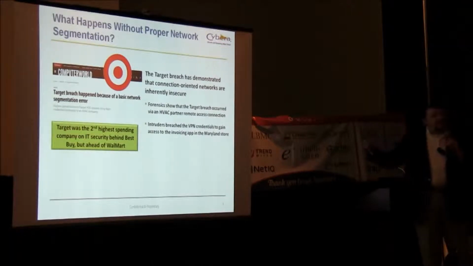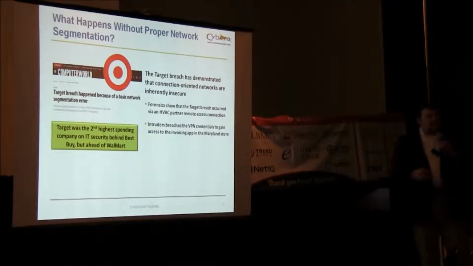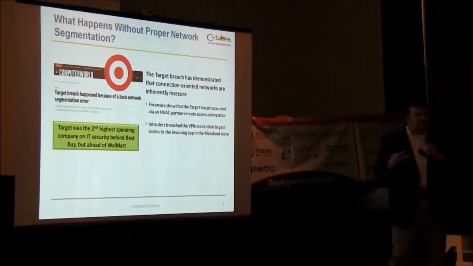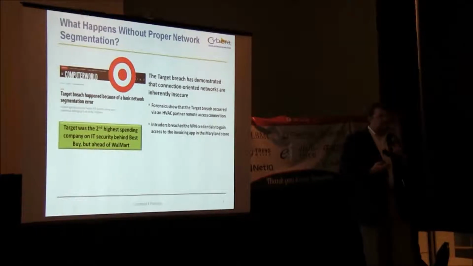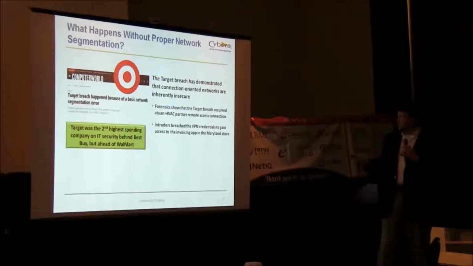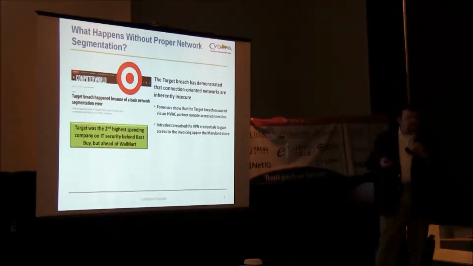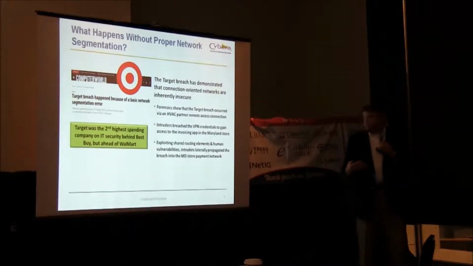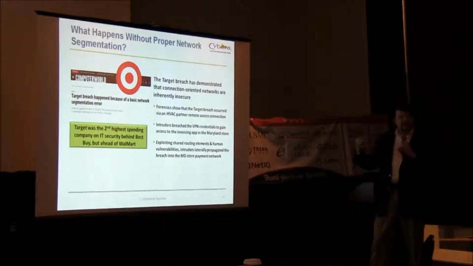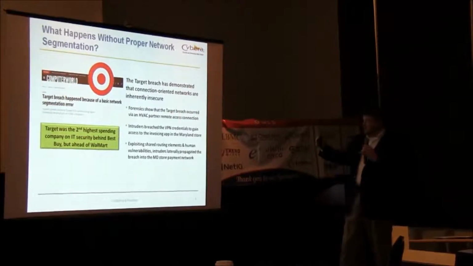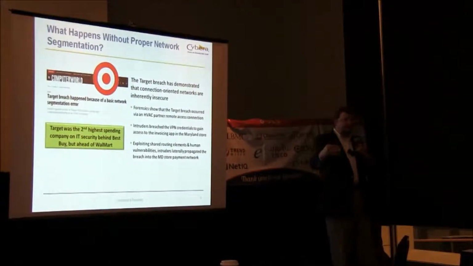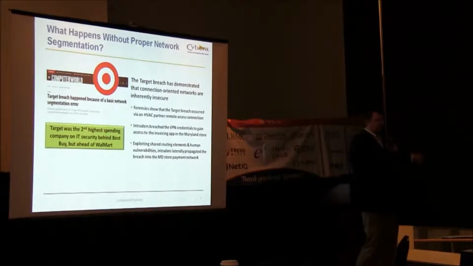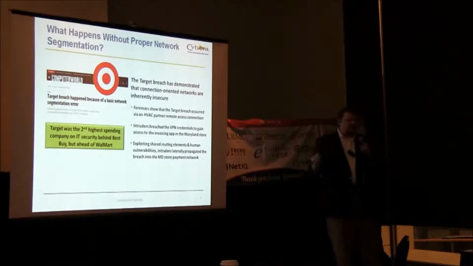They then used that to get into Target's invoicing and proposal application that they use for these vendors. Once they were able to do that, they were able to exploit shared common routing and security elements and human vulnerabilities to laterally propagate from that finance application over into the payment application. And that's not supposed to happen.